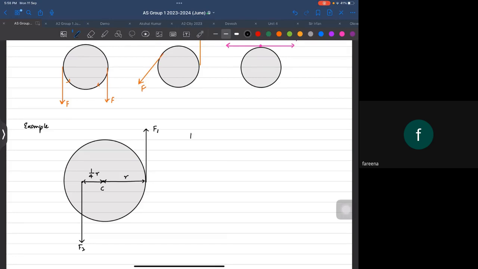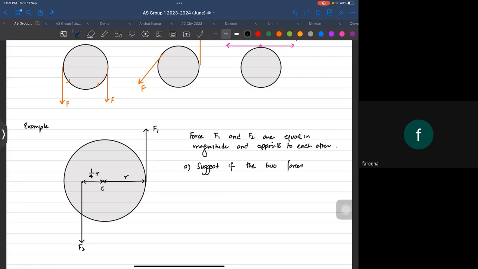Now they say force F1 and F2 are equal in magnitude and opposite to each other. All right. Part A, suggest if the two forces produce a torque of a couple.